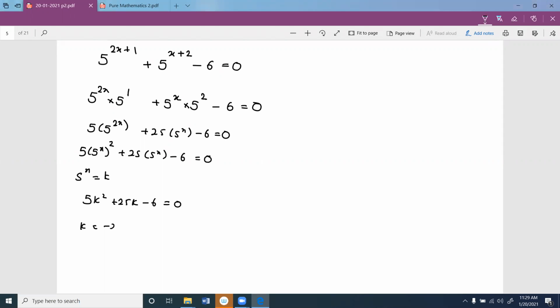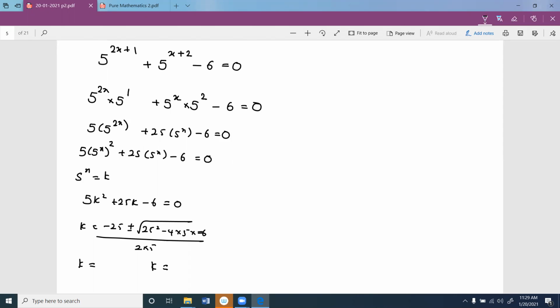k is equal to minus 25 plus or minus square root of b squared minus 4ac, where a is 5, c is minus 6, divided by 2 into 5. Then you get the answers for k. We just work out with 5, 25 and minus 6.